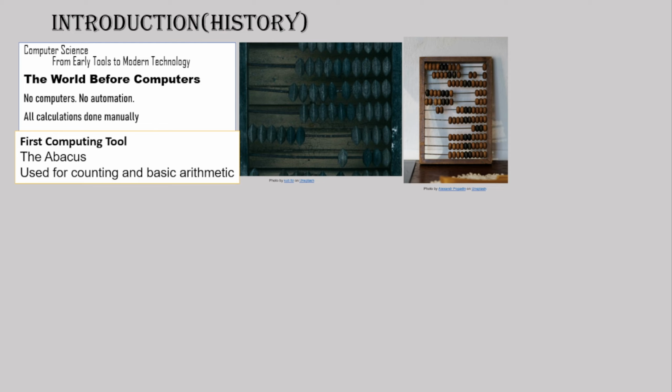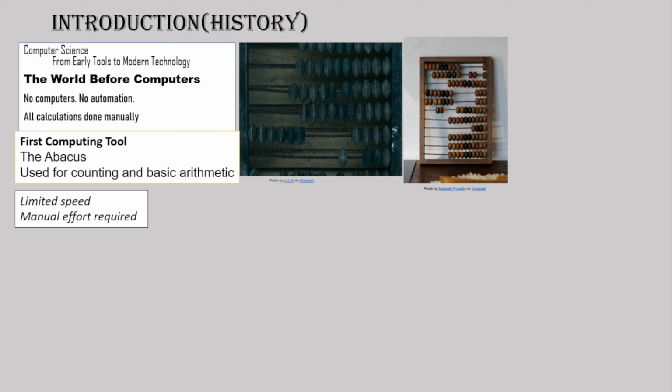This abacus may look simple today, but at that time it was a powerful computing tool. But tools like the abacus had limitations. They required human effort, and calculations could still be slow and error prone.